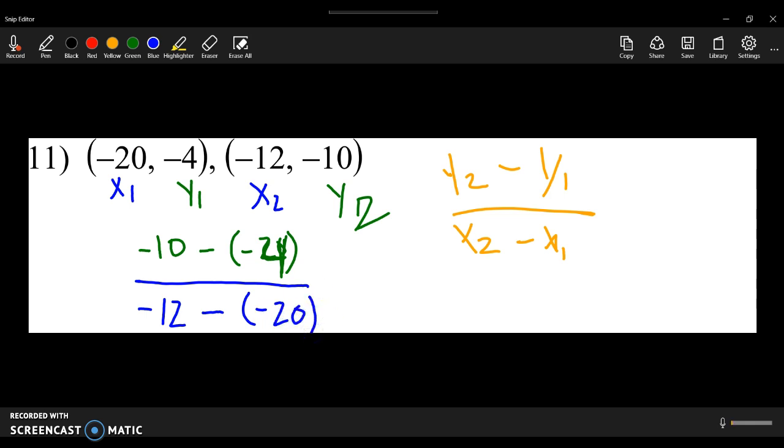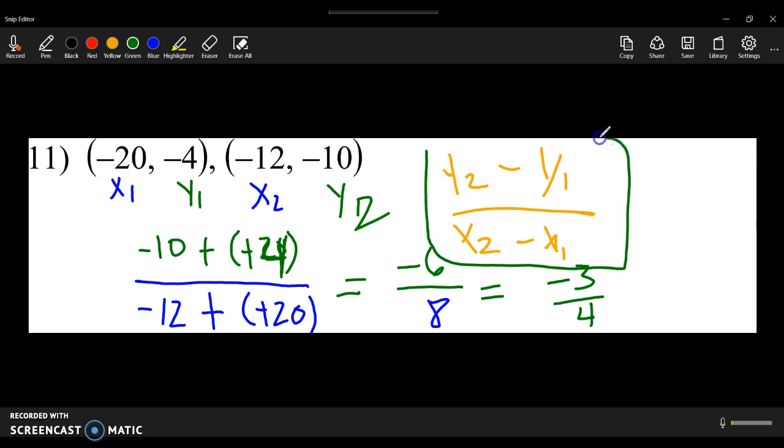When I solve this, I would find that -10 minus a -4, well, that's a negative, so it'd be -6 over, again, same thing's going to happen down here when you have two negatives in a row, positive, over 8. And just like last time, that reduces to -3/4.